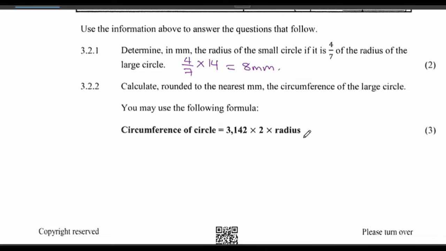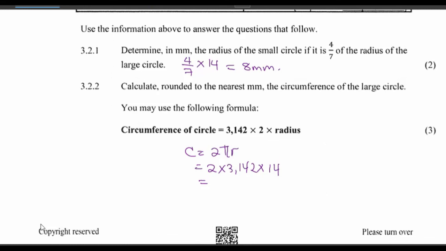Calculate, rounded to the nearest millimeter, the circumference of the large circle. Circumference always equals what? 2 pi r, meaning 2 times 3.142 times your 14. You still get the same answer even though you use the formula here. So 2 times 14, you have 28.